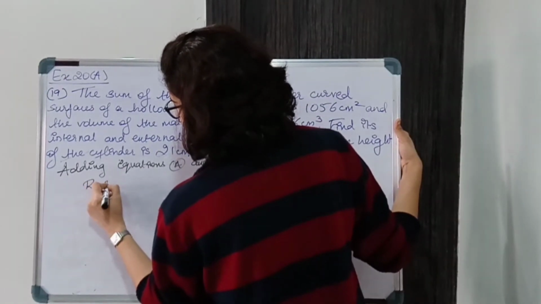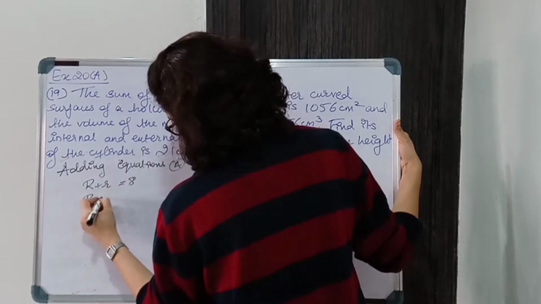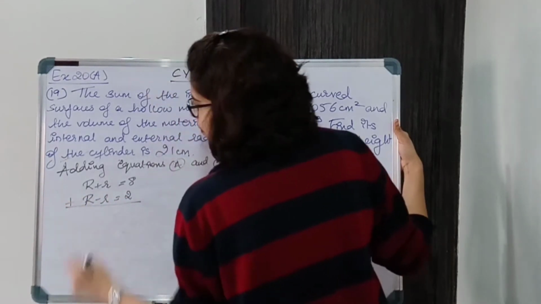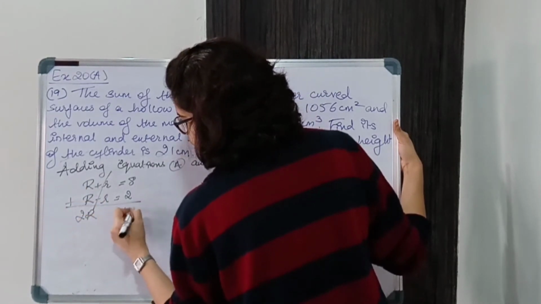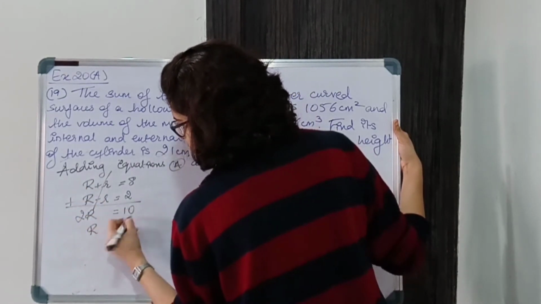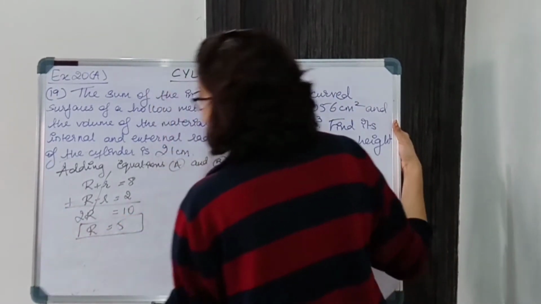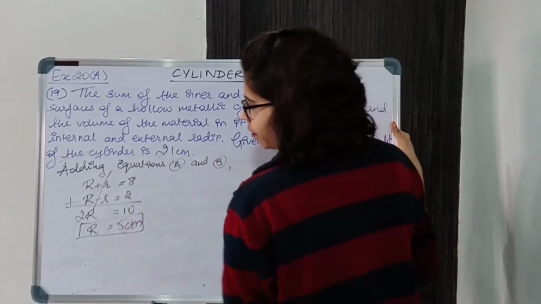R plus r equal to 8 and R minus r equal to 2. This gets cancelled. R plus R gives 2R equal to 10. R is equal to 5. Okay. 5 what? Centimeters. Okay.